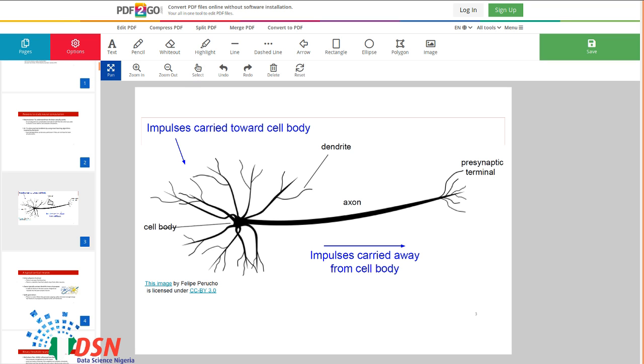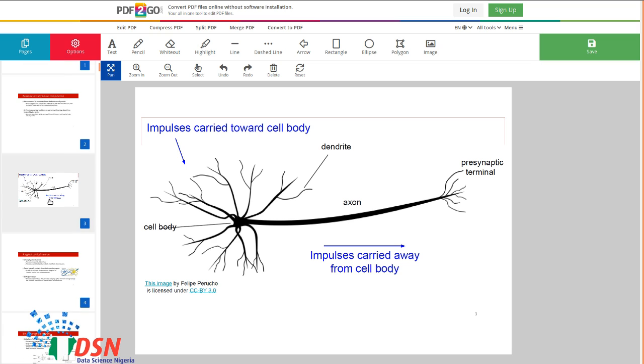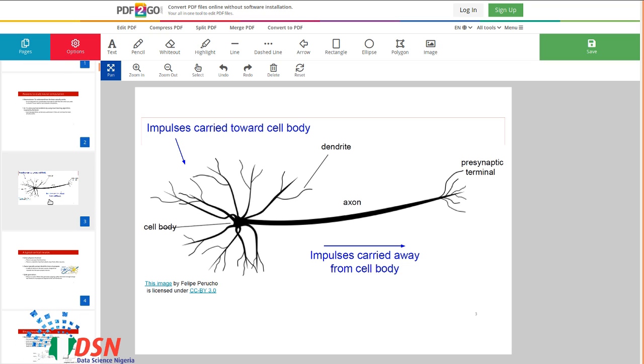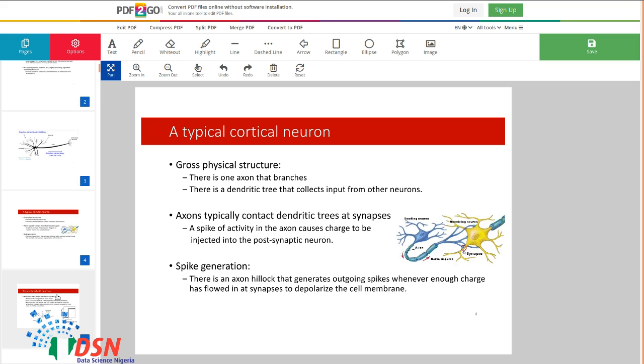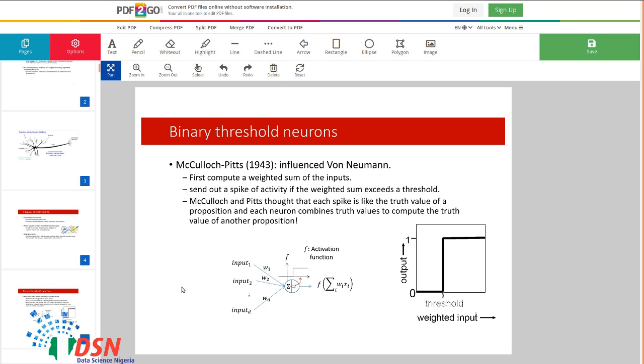In the brain we have something called a neuron. I'm not very expert in this area, but the general behavior of a neuron is like this. Each neuron has some inputs.